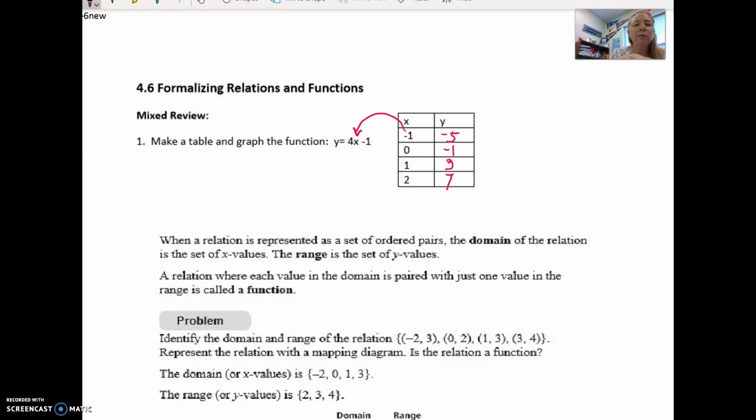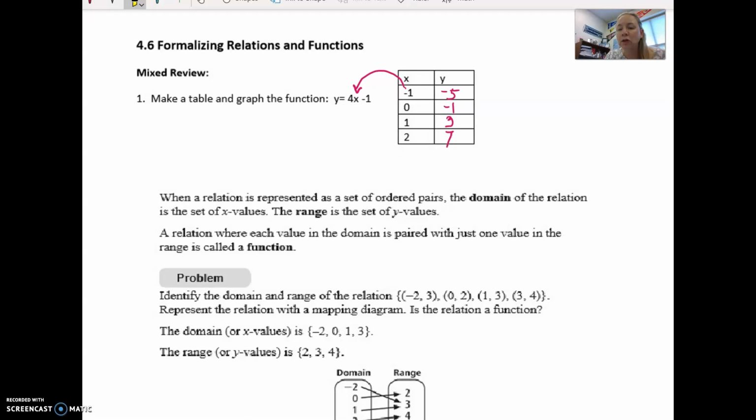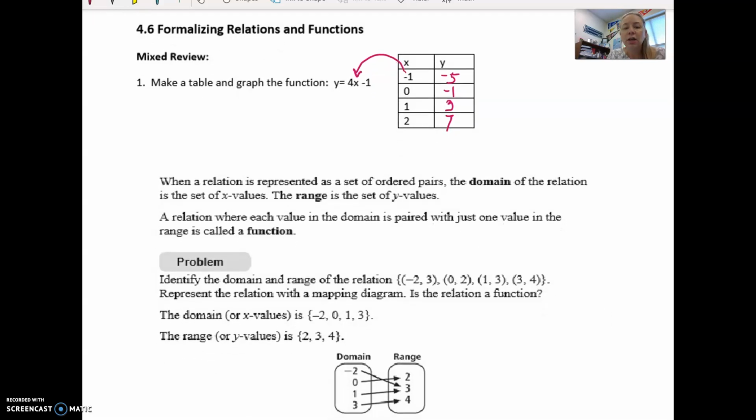So I have some vocabulary here, so if you want to follow along in your notes and use a highlighter, I'm going to just highlight important key elements in the first part of this. So when a relation is represented as a set of ordered pairs, we call the domain of that relation the x values, and the range is the set of y values.